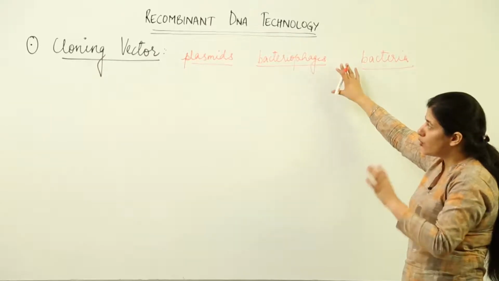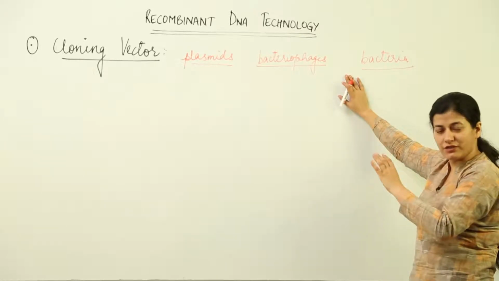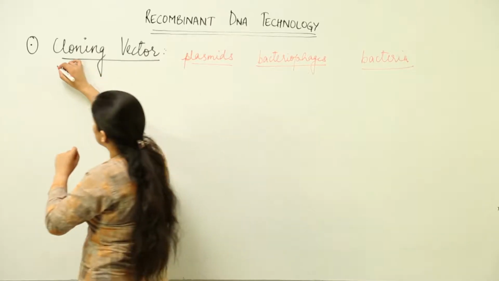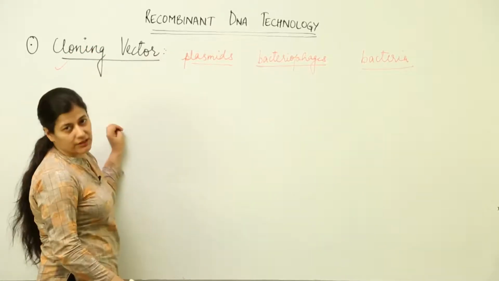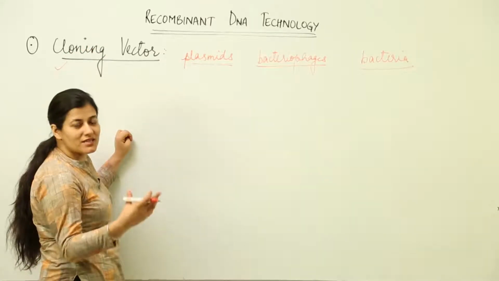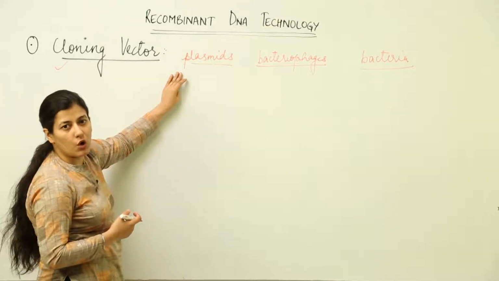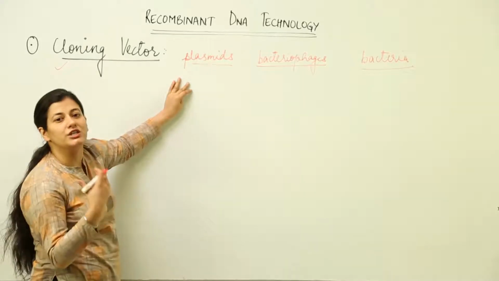This is one quality of plasmids and bacteriophages which will be utilized as a cloning vector. This quality makes them suitable for exploitation as the cloning vectors in obtaining the gene cloning.